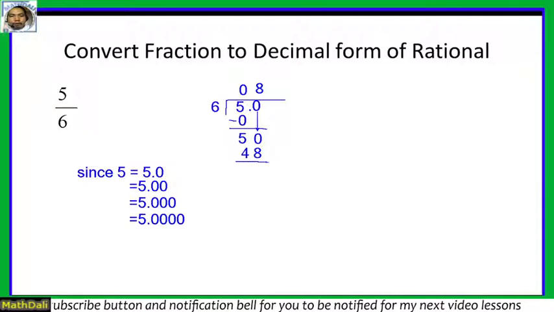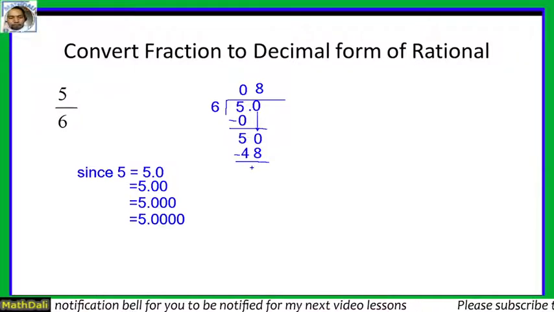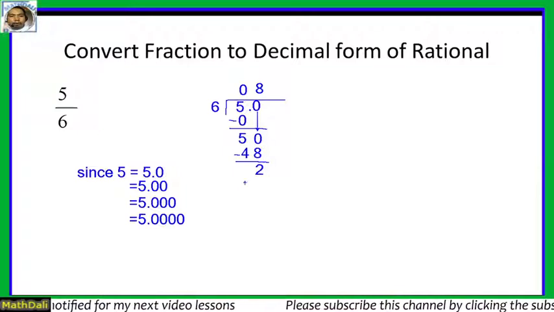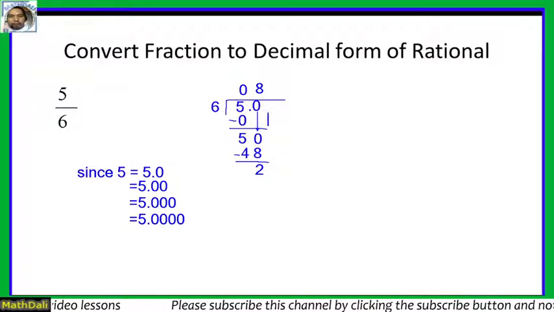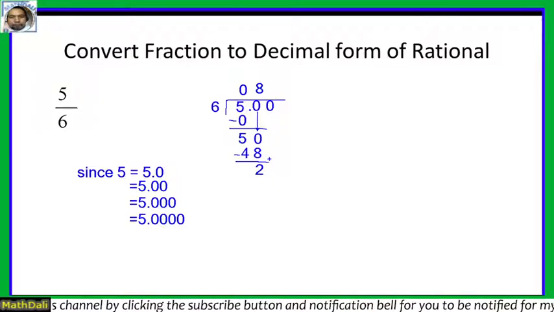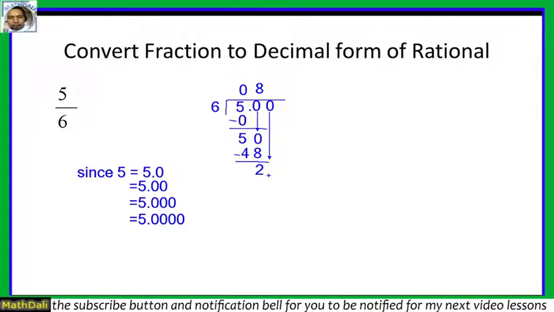Then subtract natin to. 50 minus 48, that is equal to 2. Lagay natin dito yung 2. Then, dadagdag pa tayo ng pang-decimal. Yan. So, dadagdag tayo dito ng 0. Then, bring down natin yan. Lagay natin dito ating 0.